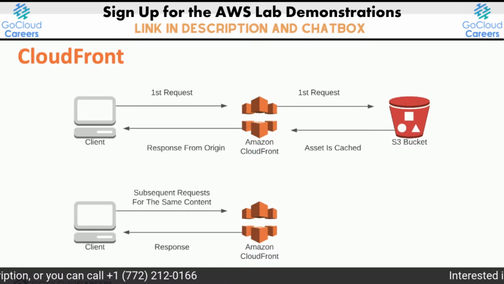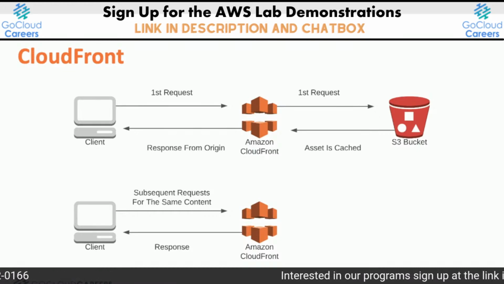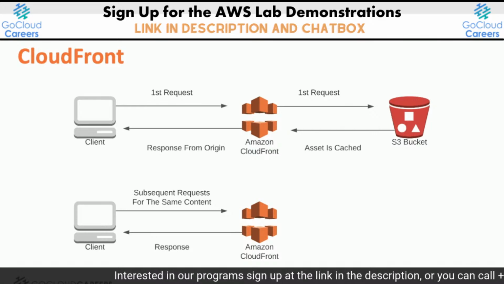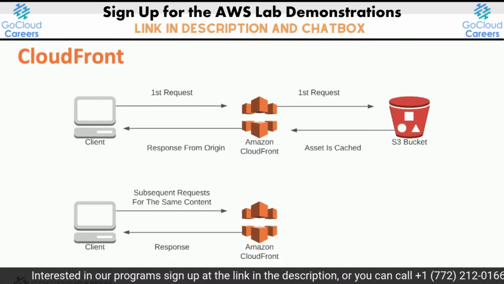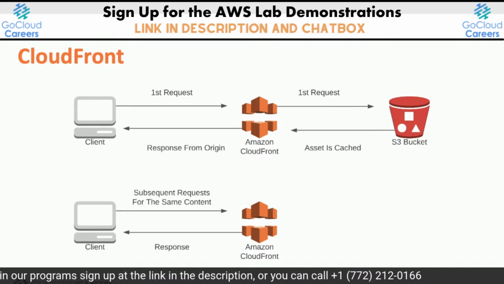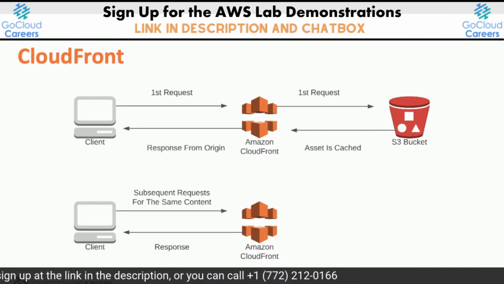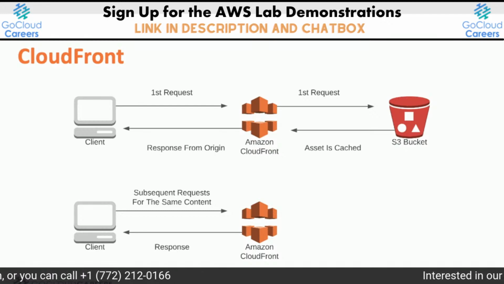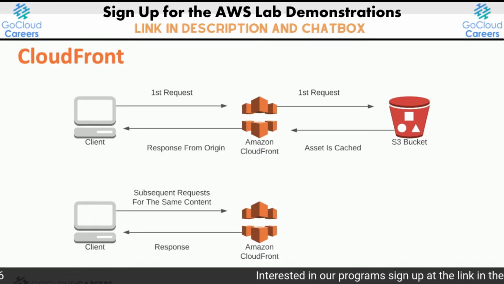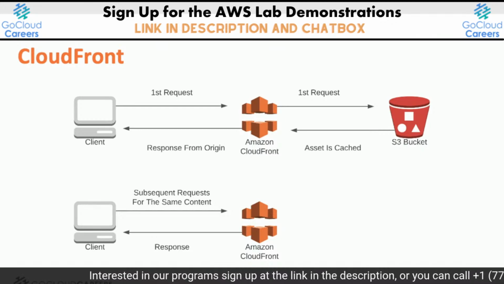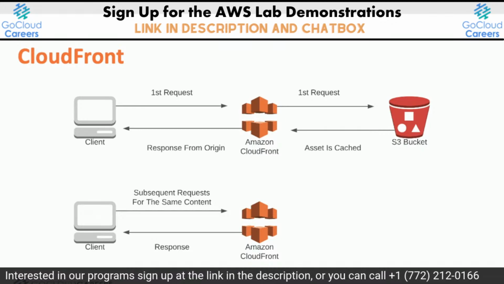And if it's not on the regional cache, it's going to ride the Amazon internal network, not the public internet, to that S3 bucket, which is the source of my static website. So the request immediately hits CloudFront. If it has it, it's going to send it back to me. But if it doesn't, instead of using the public internet to get to the website, it's going to jump on the express highway lane, the private network that AWS controls, and go straight to the S3 bucket. So it's going to get off the internet onto a better network.